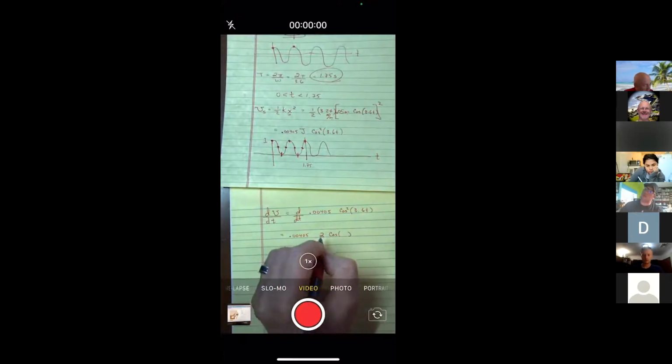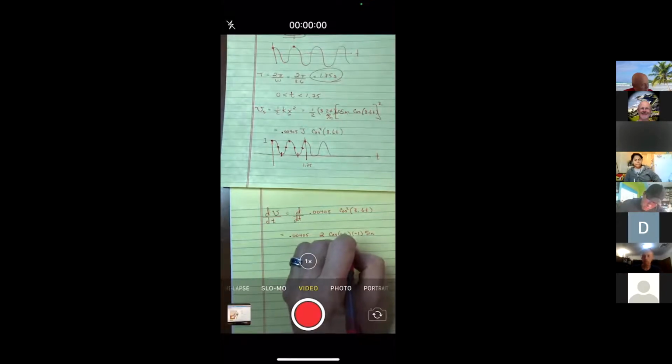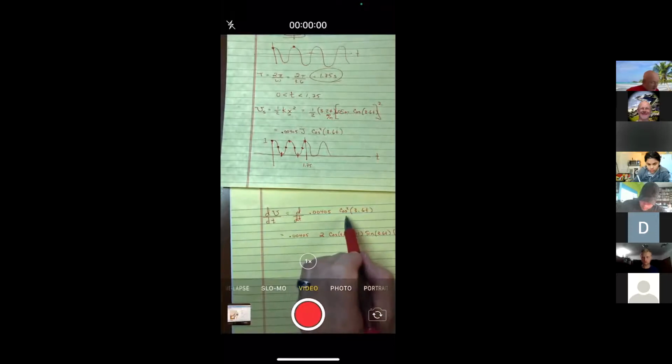Derivative of cosine would be a minus sine. Maybe I should have put the 3.6t in there, but then I guess I would have the chain rule of that, so there'd be another 3.6. Do that right? 2 cosine, and then the derivative of the cosine, which would be a negative sine, and then the chain rule. Okay, good.